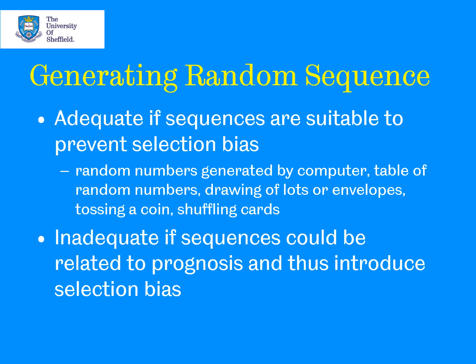We have various things here that are regarded as having different levels of rigor behind them, for example, tossing a coin and shuffling cards. But the important thing is that if the sequences could be impaired or otherwise influenced in relation to the prognosis, then that introduces potential selection bias.